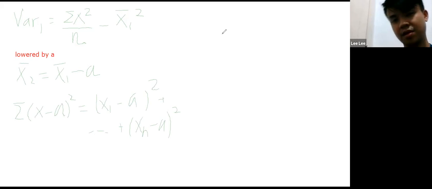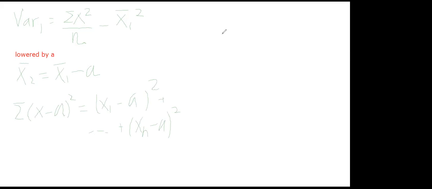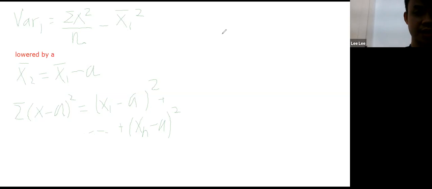Now we discuss slowly first. x1 minus A squared, if you expand it, like you write two brackets and expand your E maths, it's x1 squared minus 2a x1 plus A squared.